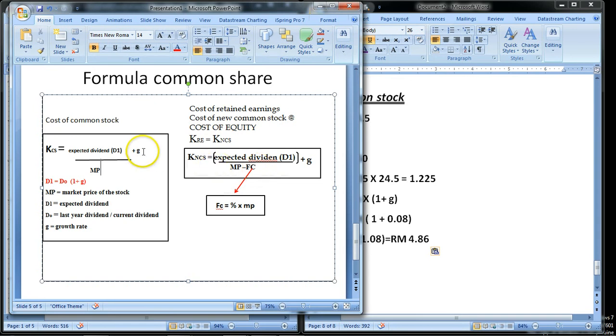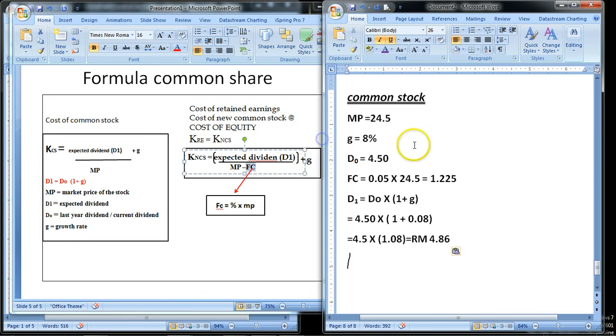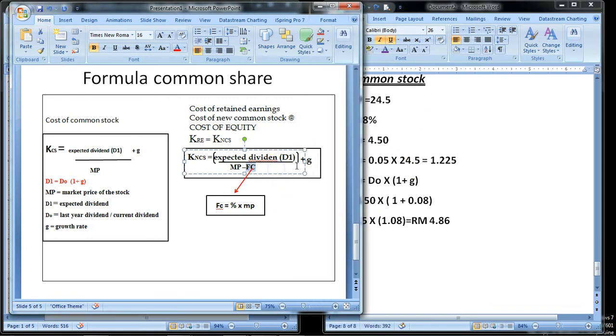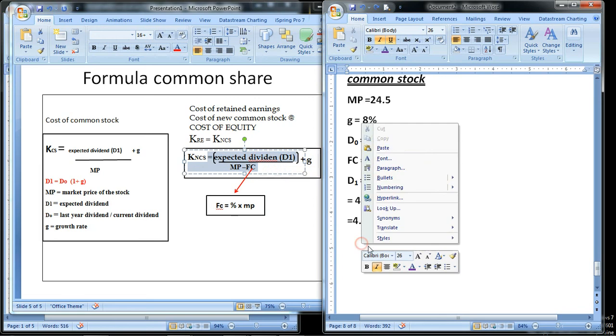You can use the same formula if the question asks for the cost of common stock, but FC must be 0. Perfect. So this is the formula that you have to use for calculating the cost of common stock.